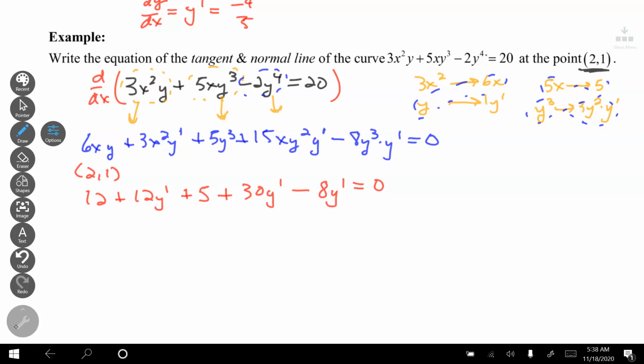I can combine some things, and I see I got 17 plus 34y prime is equal to 0. Well, that actually turns out pretty nice. 34y prime is equal to negative 17. So my dy over dx, or my y prime, is equal to negative 1/2.